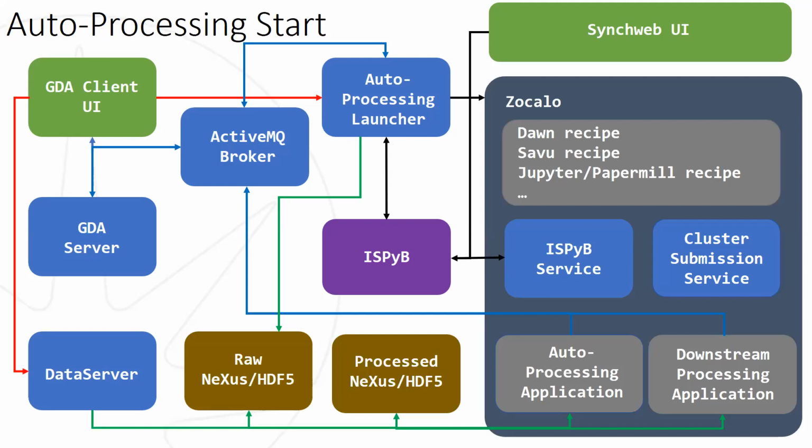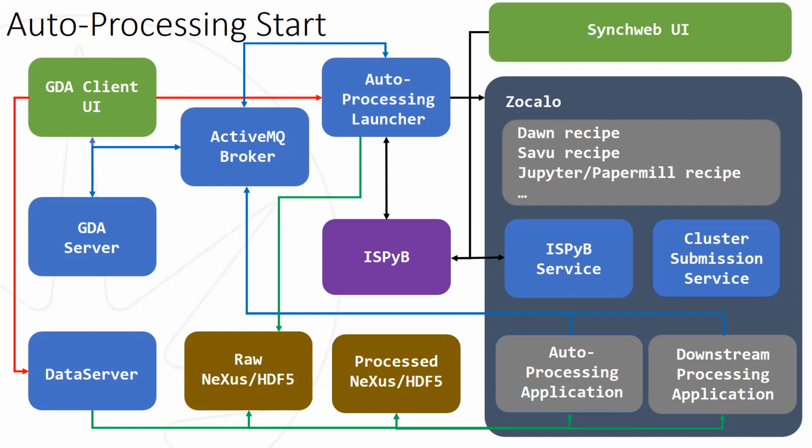After that, when the scan starts and the auto processing launcher has decided what it needs to do, it just forwards the information to Zocalo. Rich has talked all about Zocalo, so I don't need to dwell on it. But Zocalo stores the configuration around what processing is available and what parameters it needs. It talks to ISPyB, so information about the processing will also appear in the SynchWeb user interface.